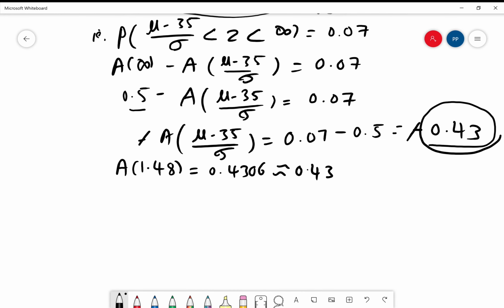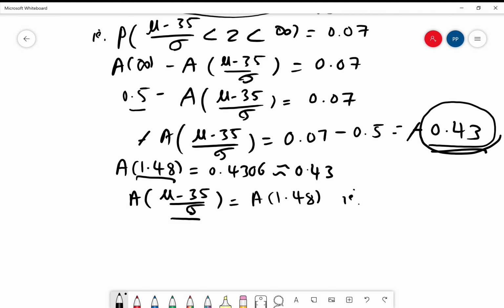Therefore, we can replace this by 1.48. That means you are getting A of (mu minus 35) by sigma equals A of 1.48. That means these Z values must be the same. So (mu minus 35) by sigma equals 1.48.